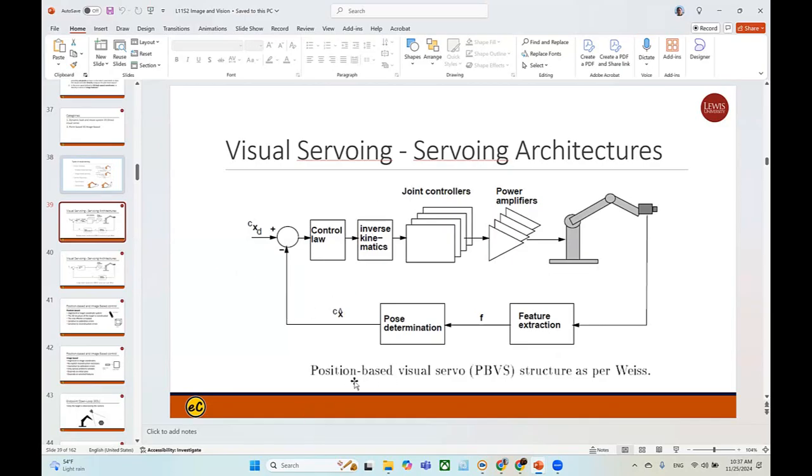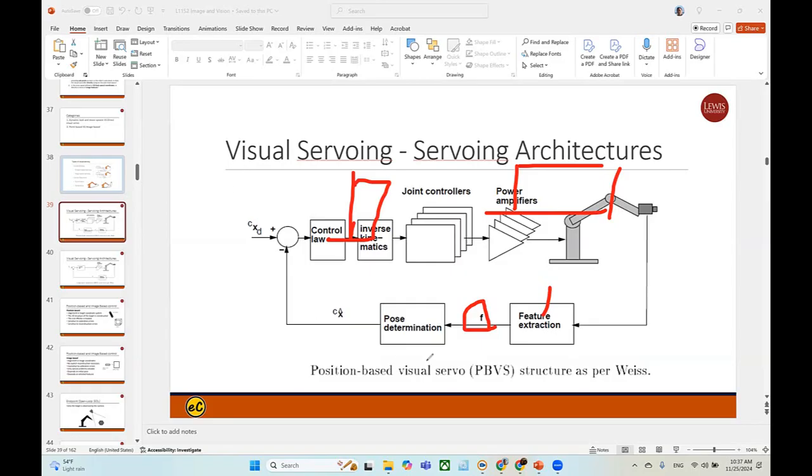The next one is position-based. In position-based, you do feature extraction and you get a feature. The feature may be an edge, and then you use those edges to say you have a car edge, and you determine where the car is. This kind of thing we call position-based. It's not just taking the picture and then analyzing the picture.